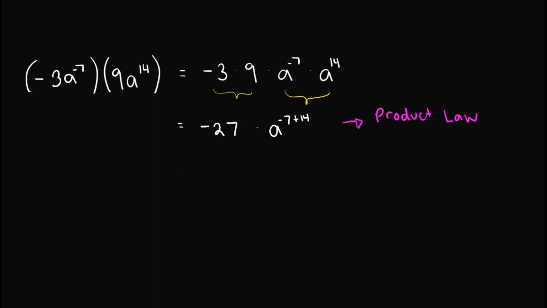Simplifying this would give us negative 27 times a raised to 7. And this one is actually the final answer. Let's just erase this one and move this one to simplify things. So this is our answer for our third example.